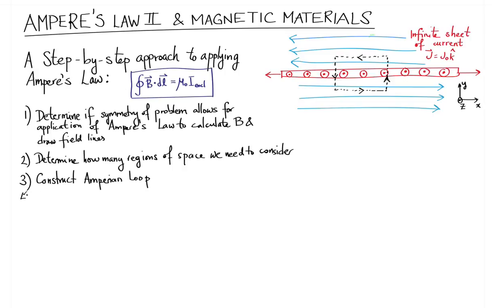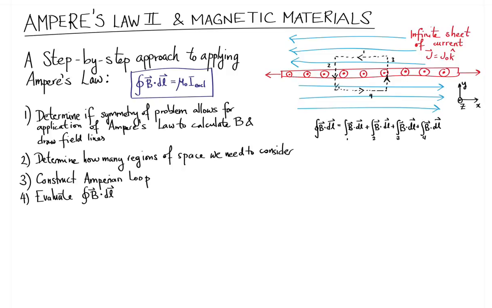So step 4 is to evaluate B dot dl. We'll call these side 1, side 2, side 3, and side 4. So if I integrate B dot dl, it's the integral along side 1 of B dot dl, plus the other sides.